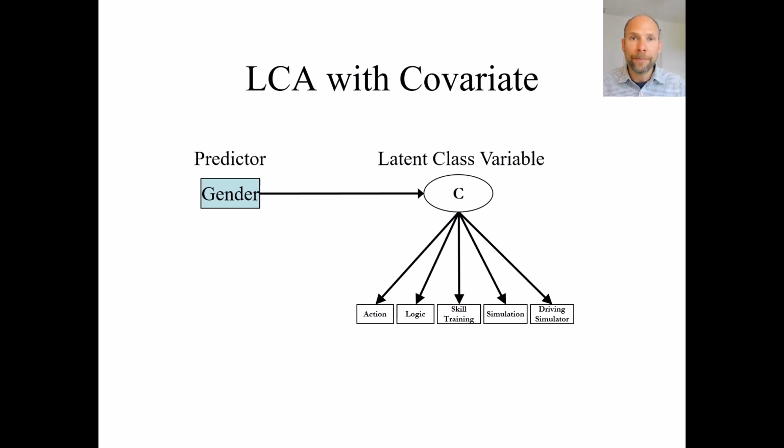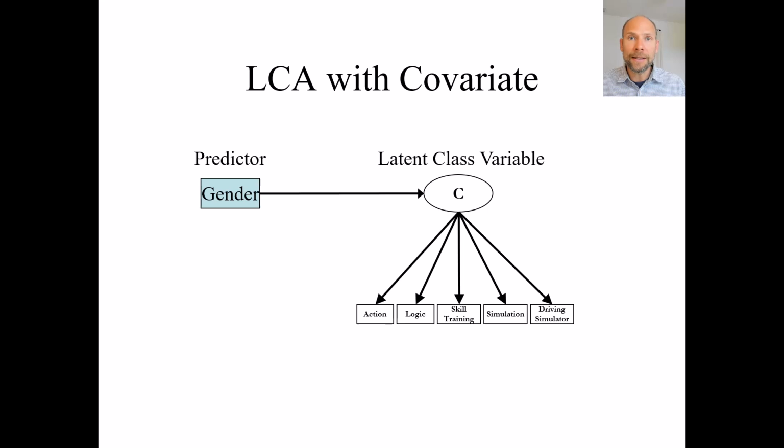And so they were asked to rate whether they do or do not play these types of games. And so based on that set of 6 items, or 5 items, a latent class variable was extracted with 2 classes in this case, and I'll show you in a minute what that solution looked like.